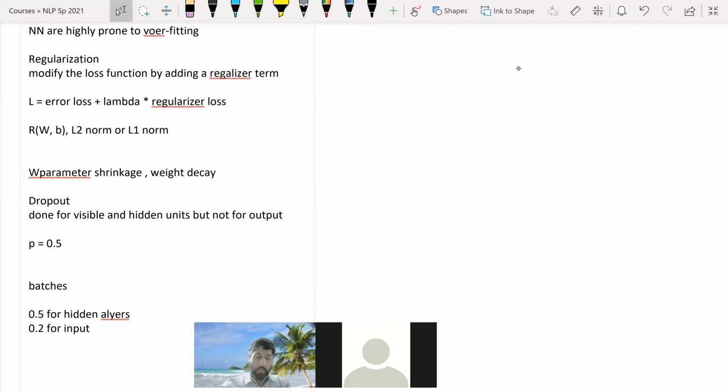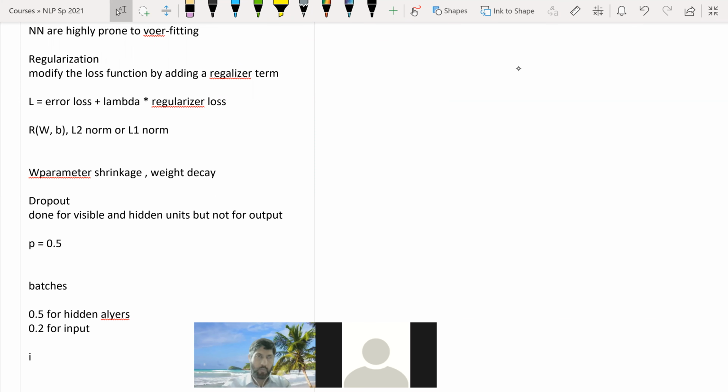So what is typically done is that at test time, we simply reduce the values at each layer by the probability that we have used for dropping that layer.